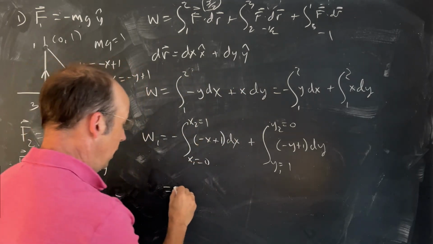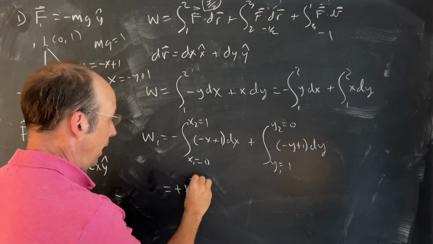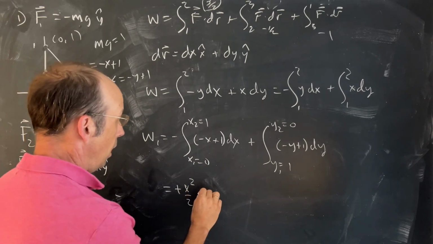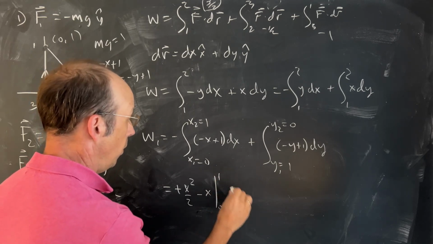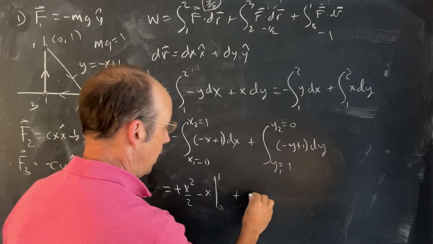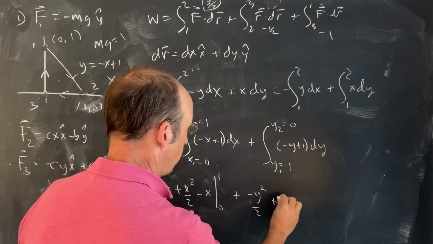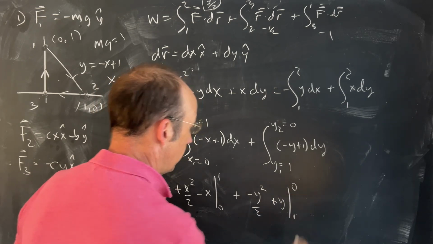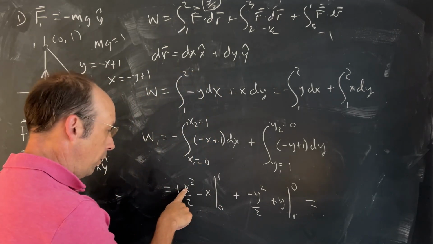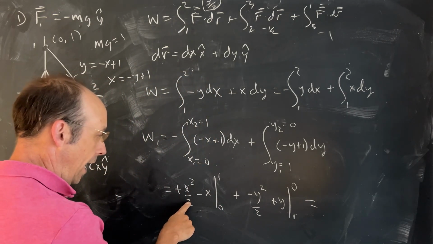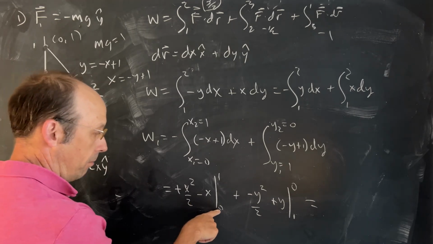So this is going to be negative, so positive, x squared over 2 minus x from 0 to 1, plus negative y squared over 2 plus y from 1 to 0. And this is going to give me 1/2 minus 1, so it's negative 1/2, minus 0.